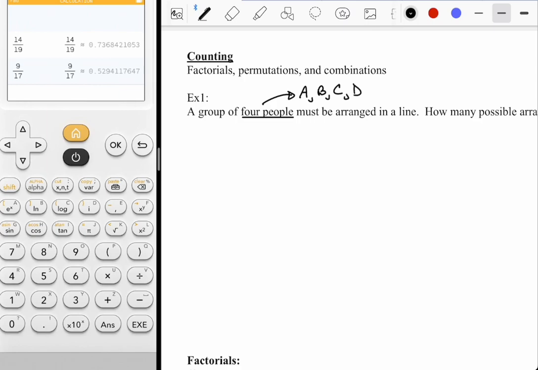All right. So position 1 could be any of the 4 people, A, B, C, D. Any one of them could occupy the first position. Position 2 could be anyone who's not in position 1, right?